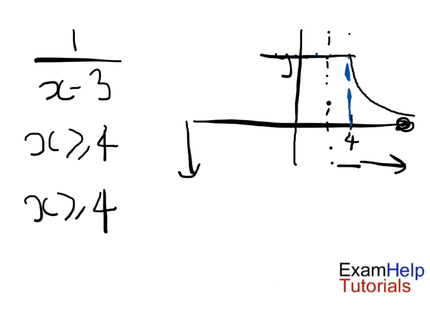Well, y can equal 1, but it's always going to be less than 1. So y is always going to be less than or equal to 1, but it's also got to be more than 0 because it's never going to touch the axis there. It's not going to have this little equal thing, it's just going to be more than 0. So that is our range. So the domain here, the range here.